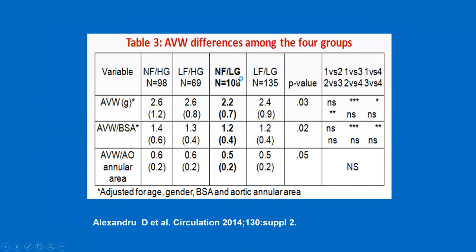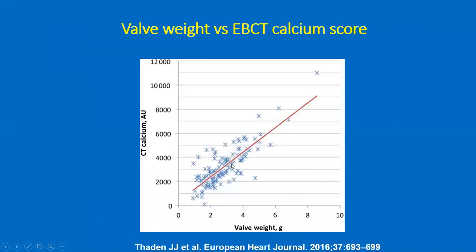We found that patients with normal flow, low gradient, who, if you remember, are quite similar to moderate aortic stenosis, indeed have a significantly lower valve weight than those patients with classic severe aortic stenosis, normal flow, high gradient. This is unadjusted and adjusted for body surface area and annulus area. However, for clinical decisions, the aortic valve weight doesn't help us very much.